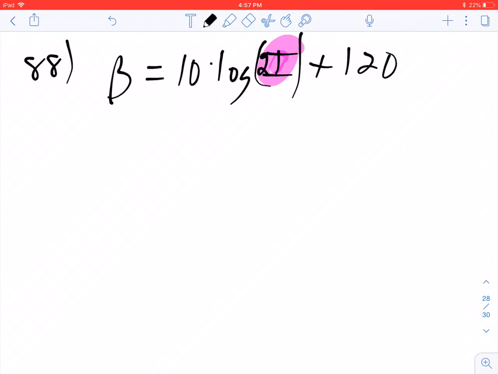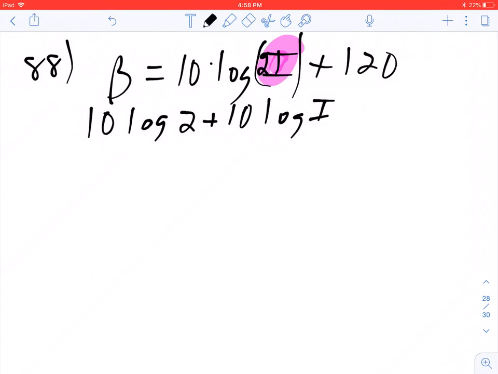And here's how I can show it to you. The first thing I'm going to do is split this using the product property. So we're going to have 10 log of 2 plus 10 log of I plus 120. Now, the next thing we're going to do is regroup it.